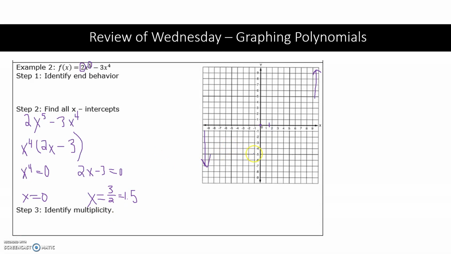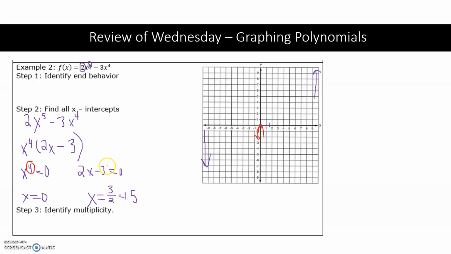Okay. So now to graph the rest of my line, I'm going to identify my multiplicity. And remember, that's just the exponents for each x-intercept. And so if I look at x to the 4th, my multiplicity or my degree is to the 4th power, my exponent is to the 4th power. So that means my graph is going to bounce off the x-axis when x is 0, so it's going to look something like that.